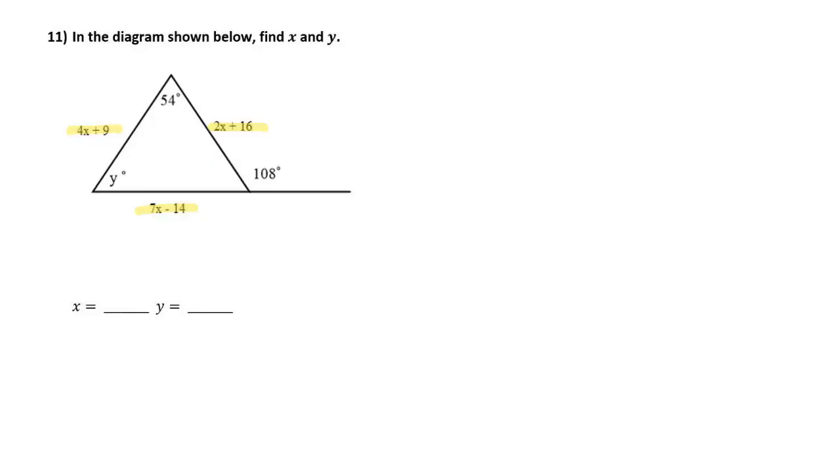Why can we not decide to do this one first? How many x's do we have? Three, on three different sides. Which sides would we set equal? Are any of them marked as congruent?